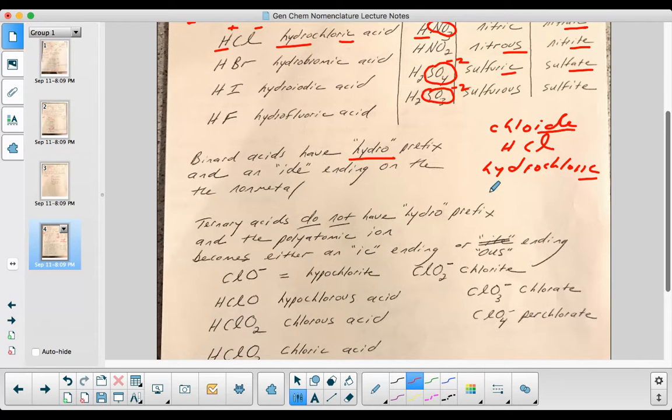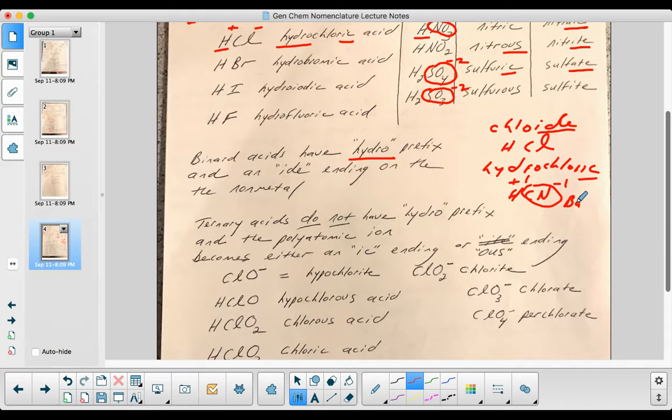So here's another example of that that's a little bit different. HCN. CN, although it's a polyatomic ion, is one of the polyatomics that doesn't have oxygen in it. That is called the cyanide ion. So even though there's 3 components to it, it fits into the binary naming system.